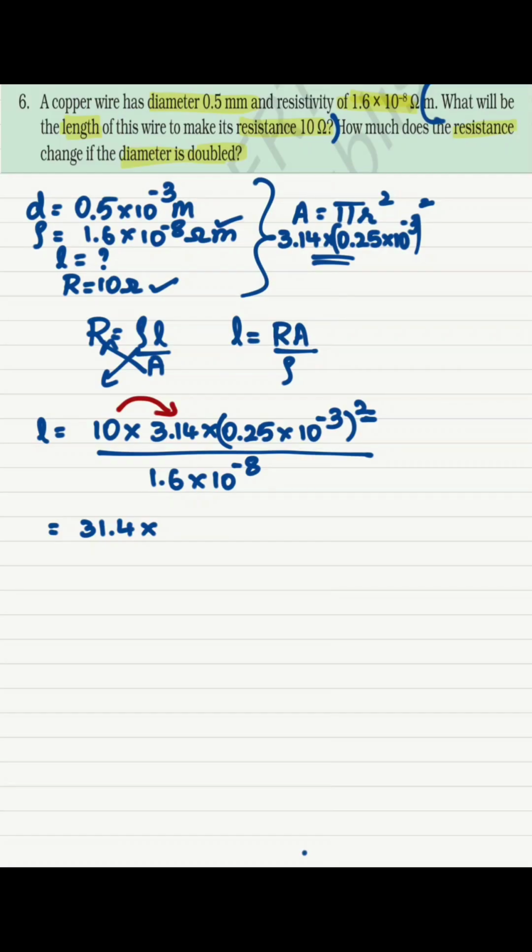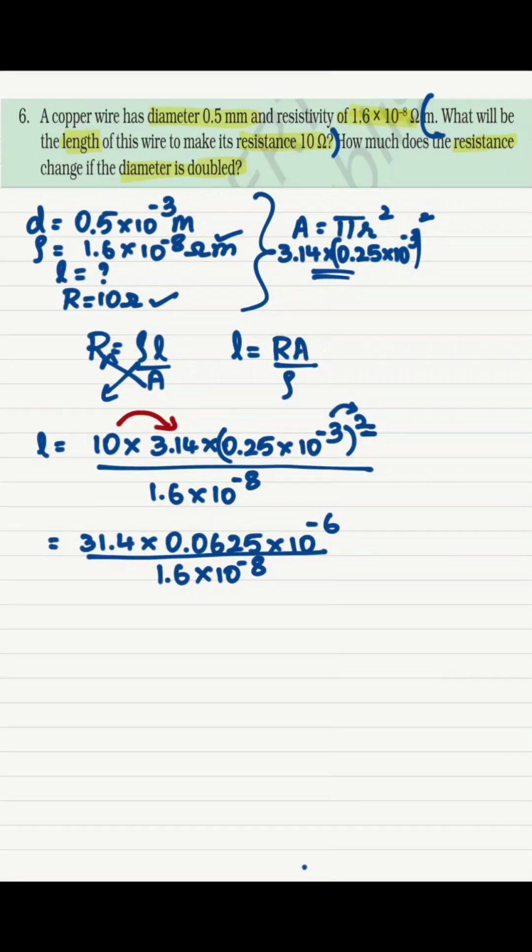So we know that 25 into 25 is 625. So 0.0625 into, if we do squaring here, 10 power minus 6, whole divided by 1.6 into 10 power minus 8.